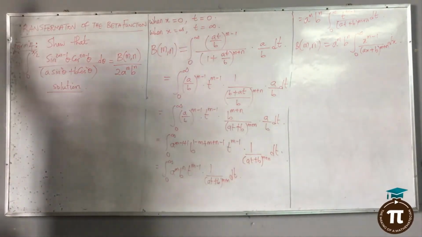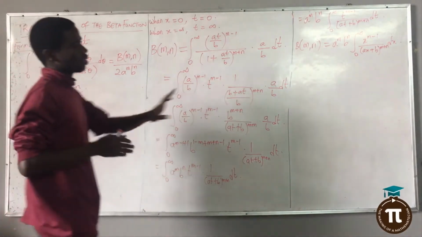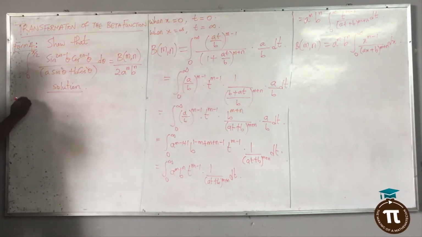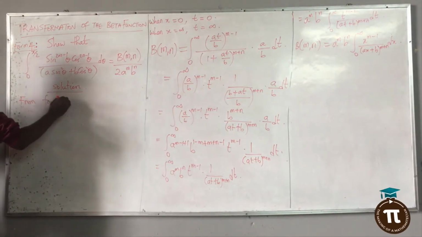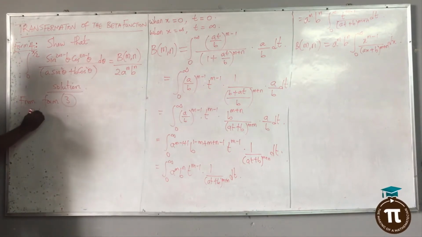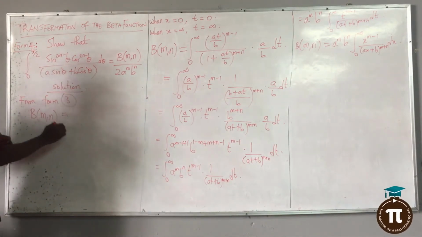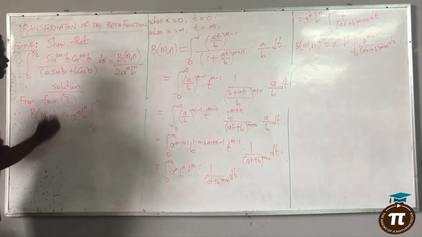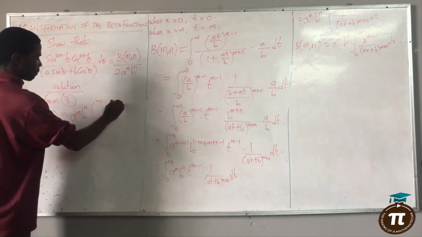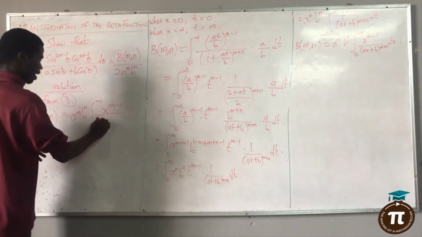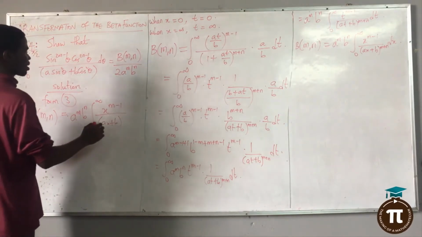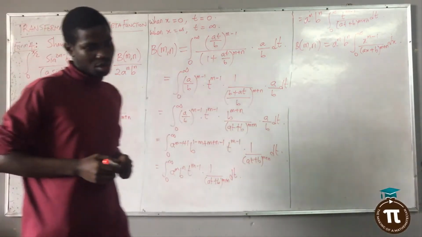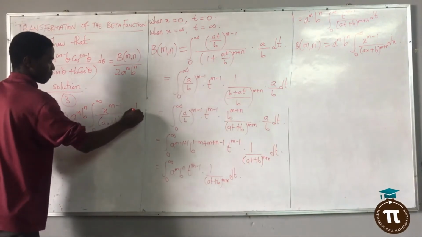Now, I will record from 3. That is where I will start from. I have beta of m comma n to be equal to a raised to the power of m b raised to the power of n integral from 0 to infinity of x raised to the power of m minus 1 over ax plus b raised to the power of m plus n dx.